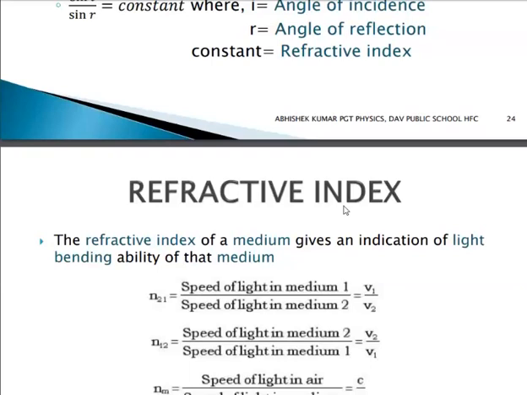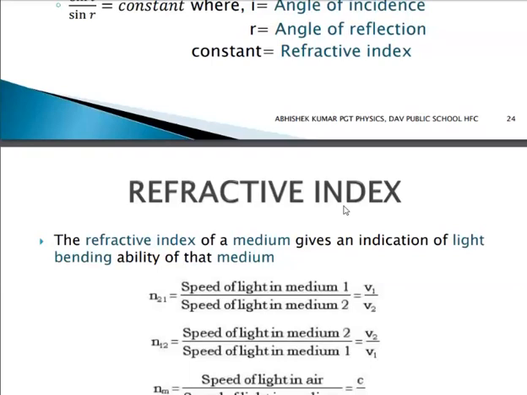And literally, refractive index is defined as the ability of the medium to bend the light while light passes from one medium to that medium.